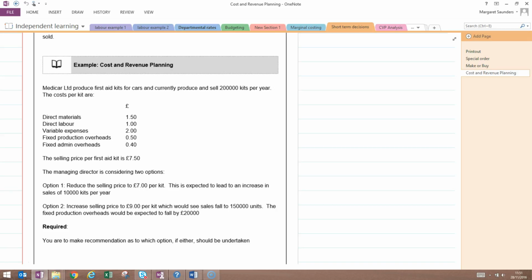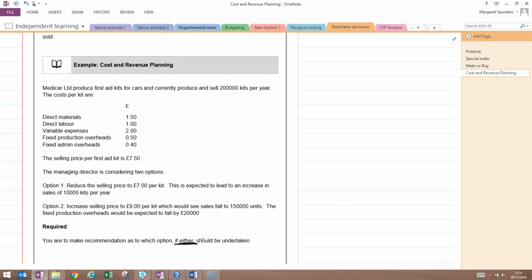Based on that, it would be expected that sales would fall to 150,000 units. But they also expect the fixed production overheads to fall by £20,000. And what we're required to do is to make recommendations as to which option, if either, should be undertaken.